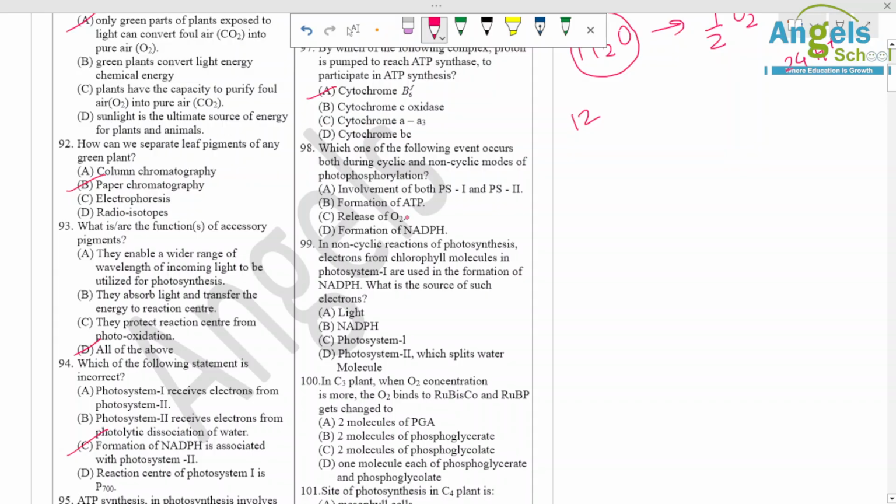So here the correct answer is formation of ATP, because in cyclic and non-cyclic both reactions ATP is formed, whereas in cyclic reaction only PS1 is involved, PS2 is not present. Release of oxygen and NADPH formation is again associated with PS2 or non-cyclic reaction. Okay, so the answer is option B.